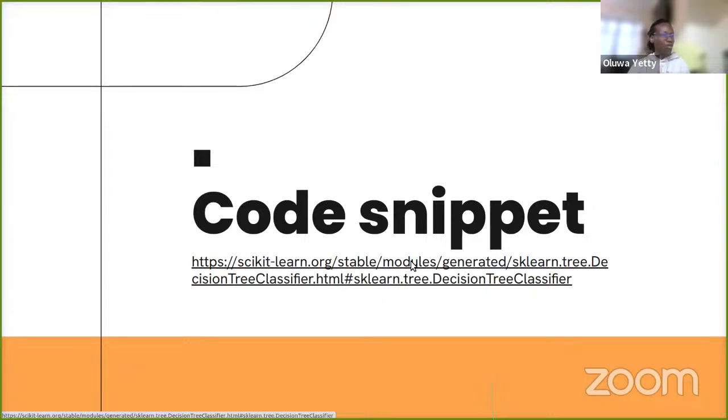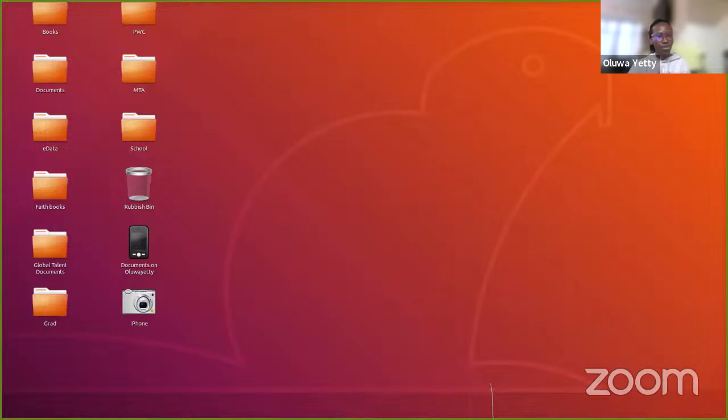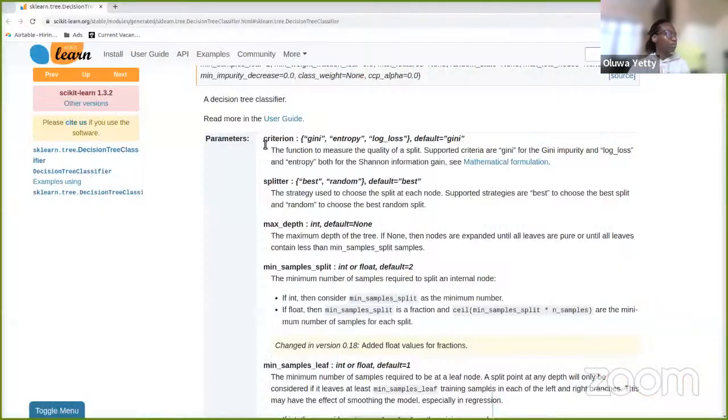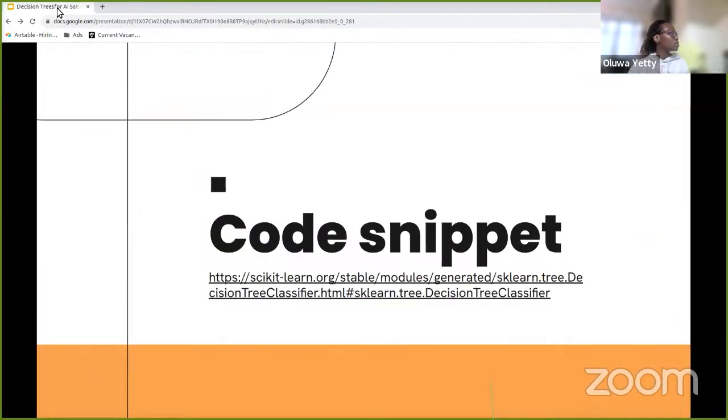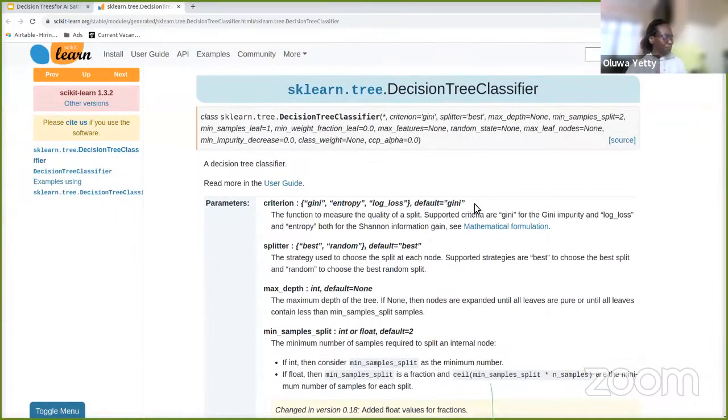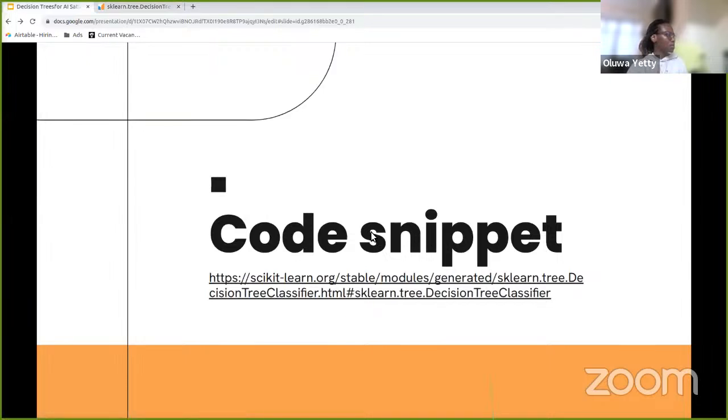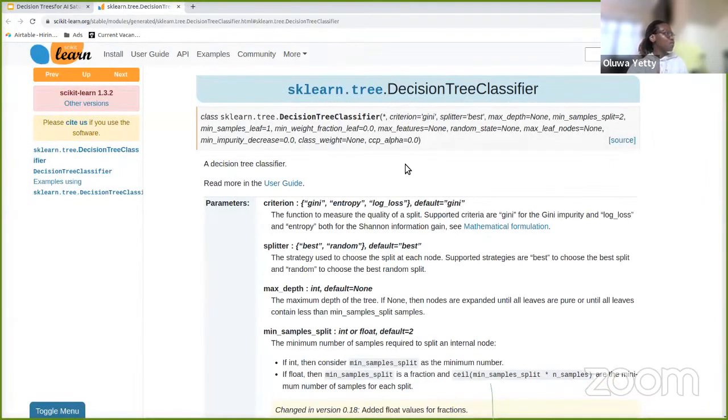Okay, so if you go to the link, which is already in the slide, and go to decision tree, this is the classifier method.